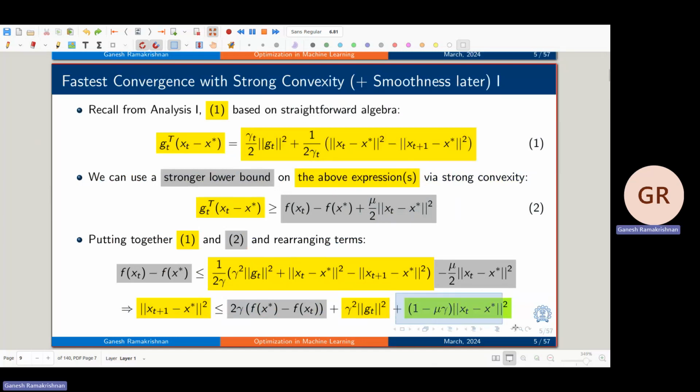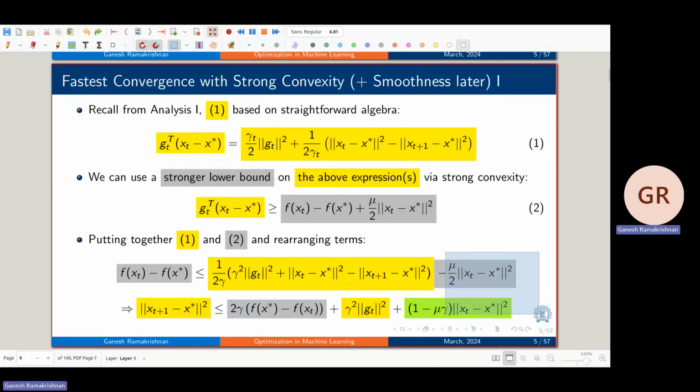Now the part I have put in green here is one you should observe. So this is probably the important term here, which will probably start getting us close to this mu by L or L by mu. Okay. So how have we got this?